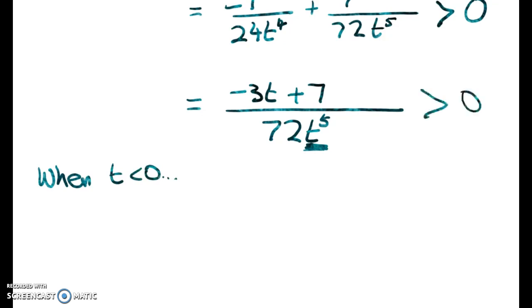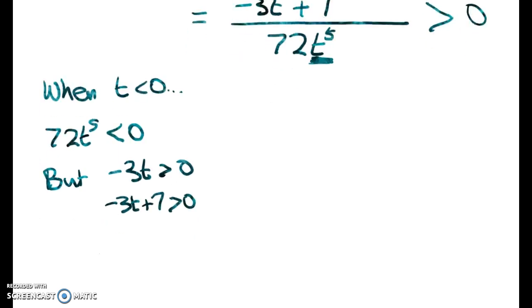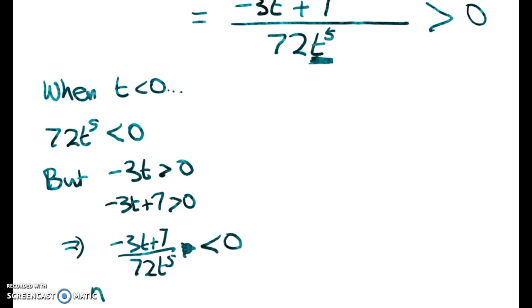When t is negative, 72t to the power of 5 will also be negative. But negative 3t will be greater than 0, so negative 3t plus 7 will be greater than 0. So the whole thing will be a positive over a negative, which will be negative. So there are no values of t for that side.